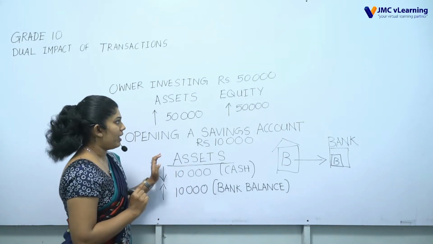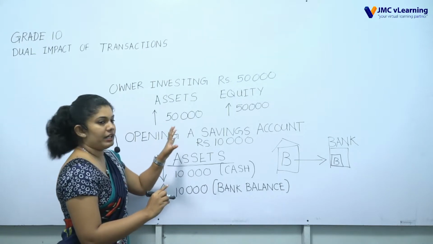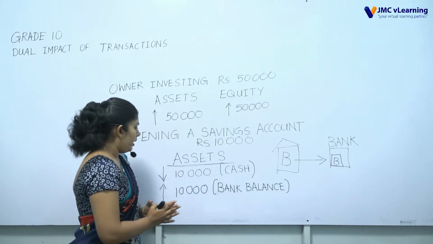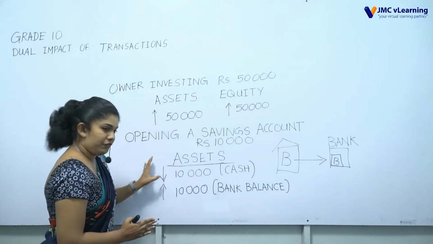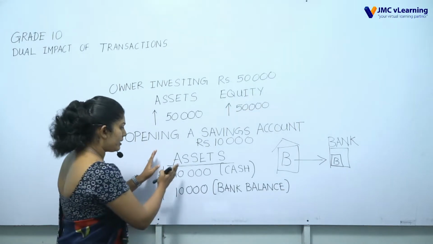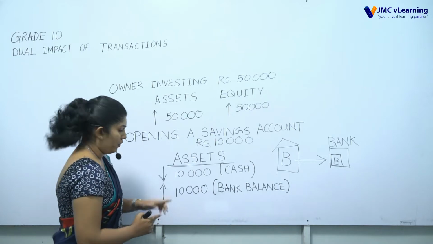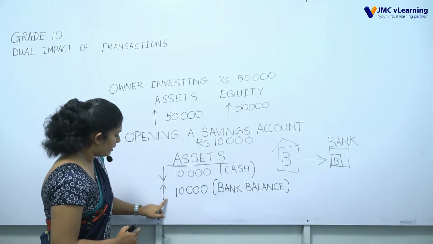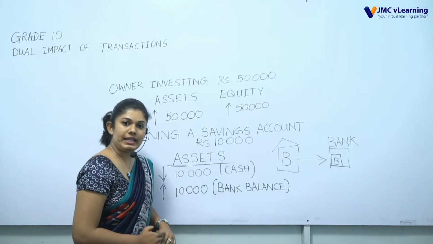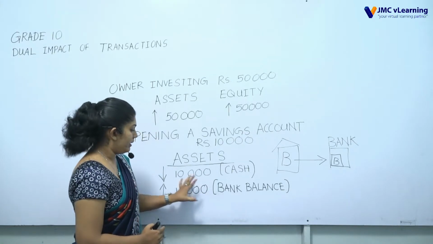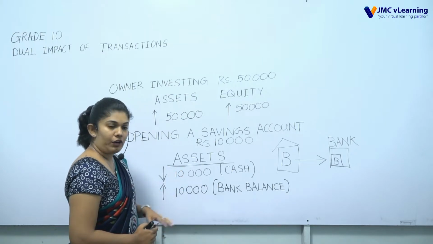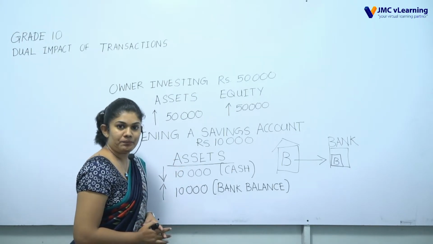In the previous one, the impacts were in different elements. But here, the impacts are different but under the same element. One entry is decreasing, one entry is increasing. There is a double impact, dual impact, for the same element.